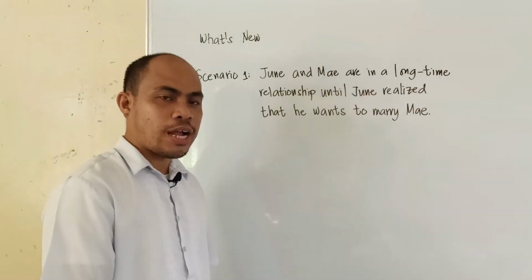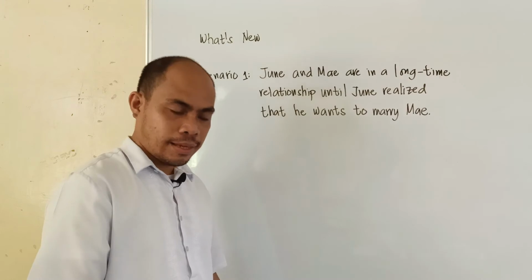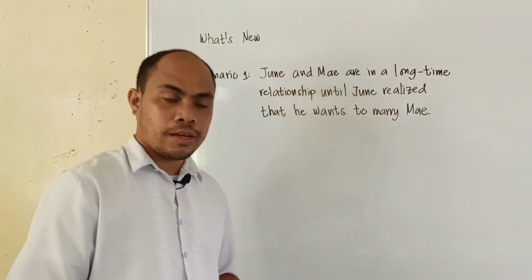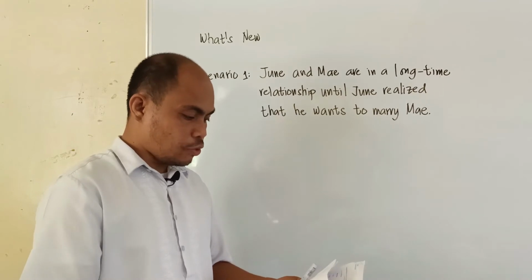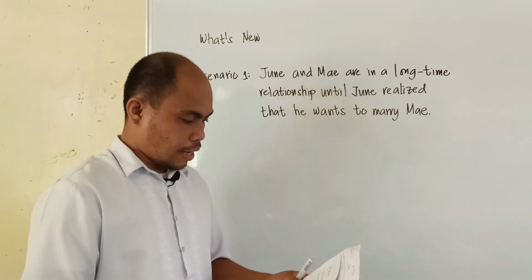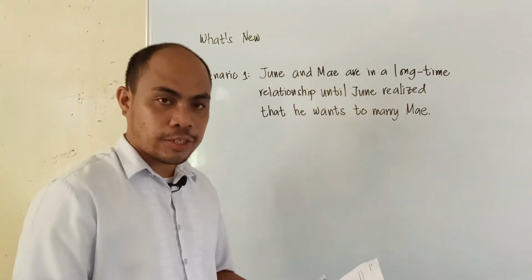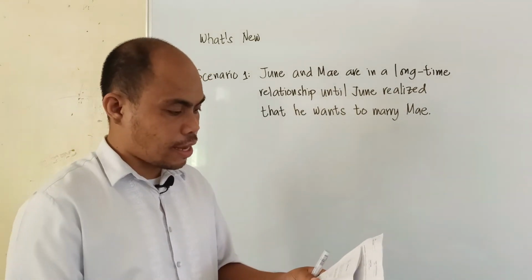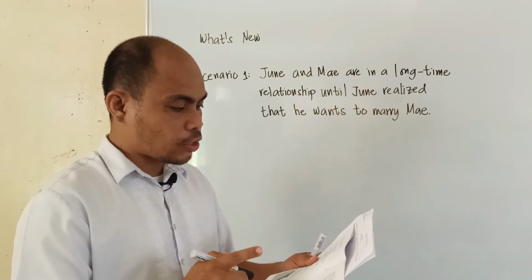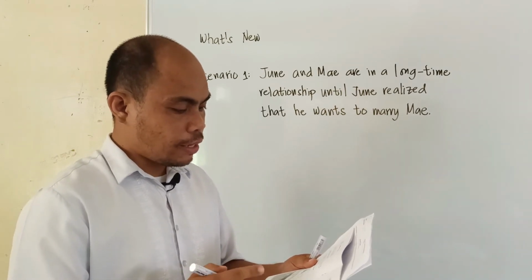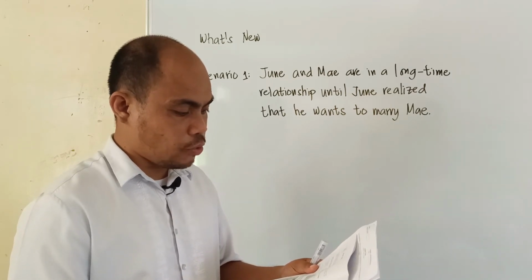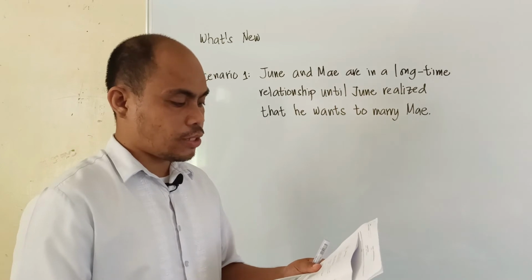Now, for your answer sheet, open your module on page 8, or module 1, and read carefully the instructions. So the instruction says there that for what's new, we said that for a relation to become a function, the value of the domain must correspond to a single value of the range.